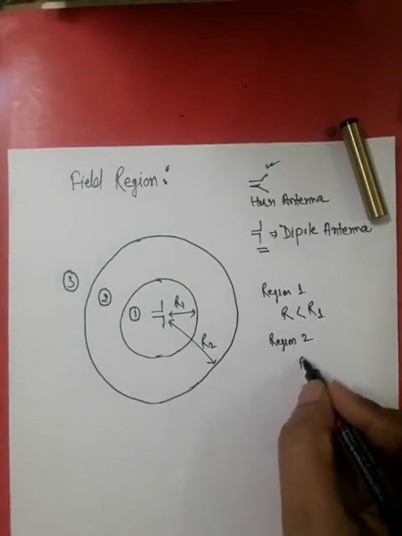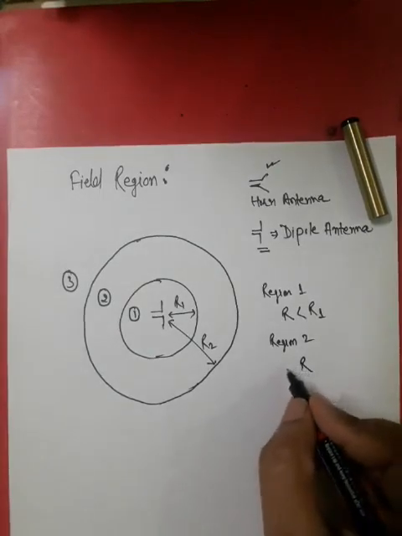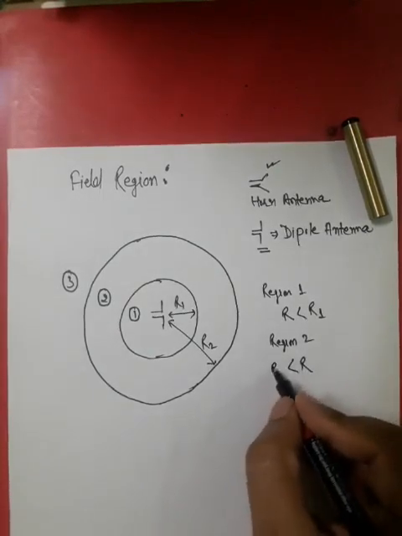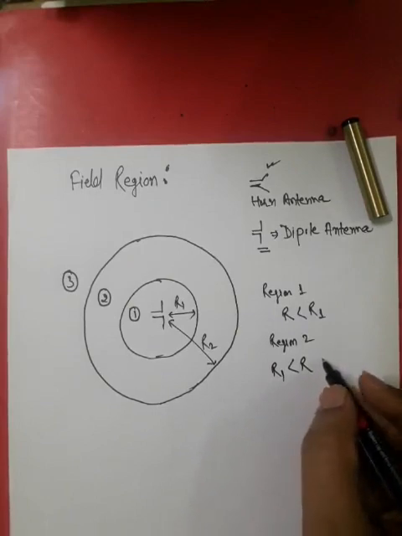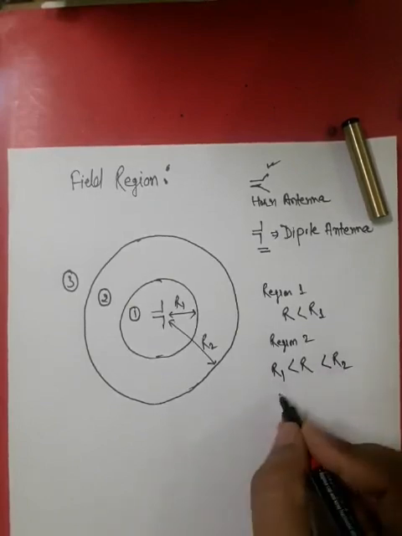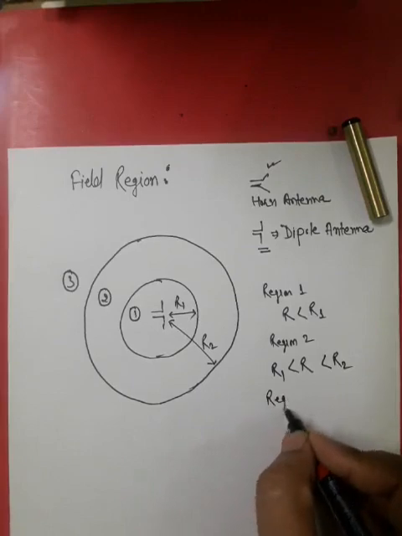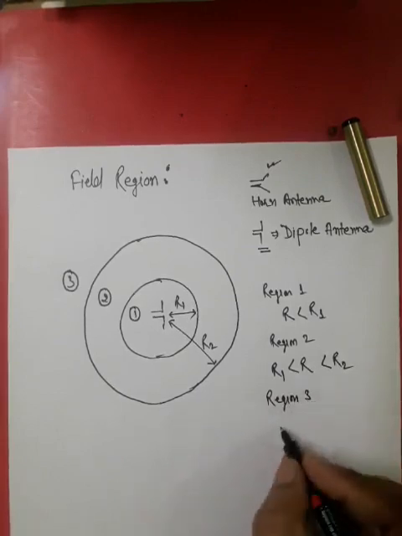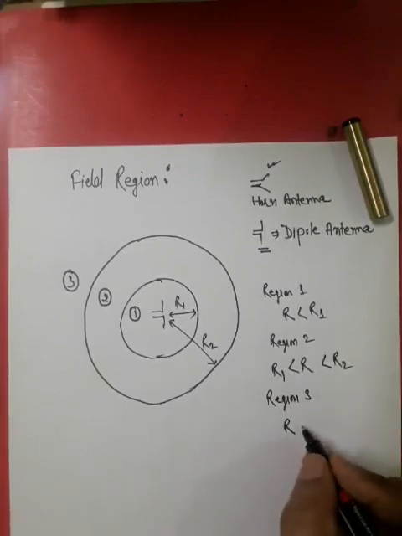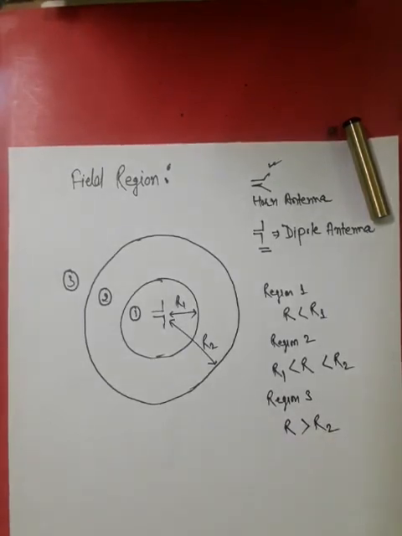Region 2, R is basically greater than R1 but less than R2. Region 3, when your R is greater than R2.